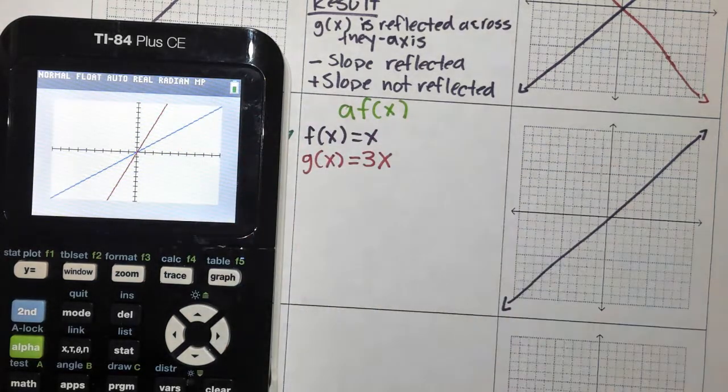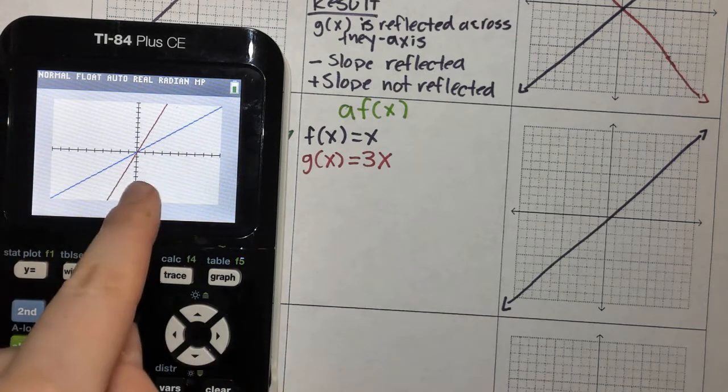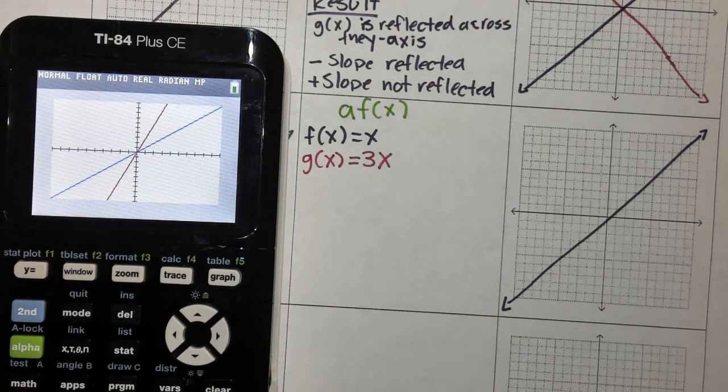How does this graph look different? Colton, you need to move up if you can't see. Right here, what's different? Does it have a different slope? Yes. Does it have a different y-intercept? No. This has the same y-intercept.